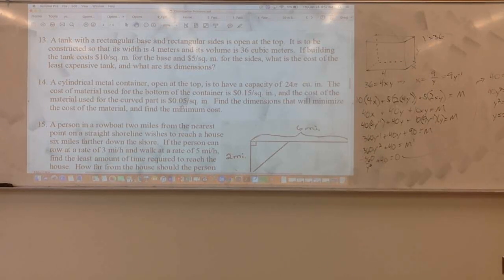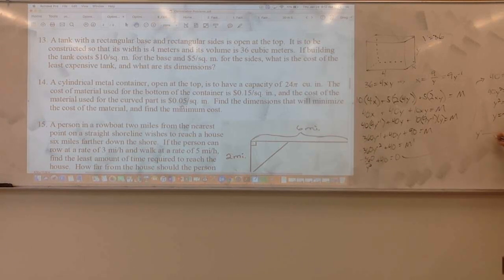Would both of those answers make sense? No, only the positive one would make sense here. Now what? We should do the sign chart first to make sure this is a minimum value.